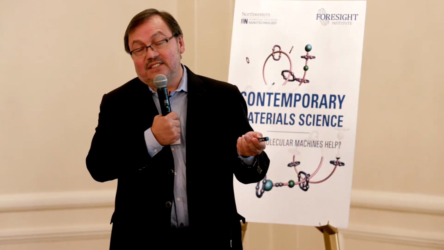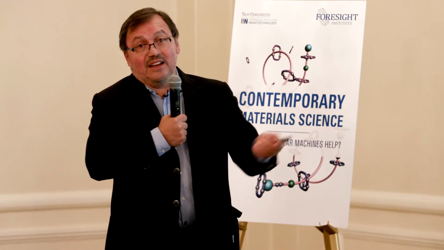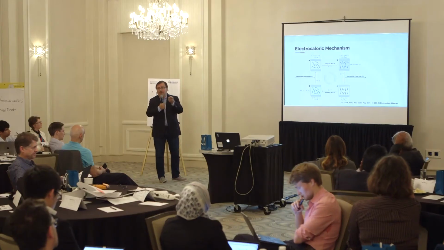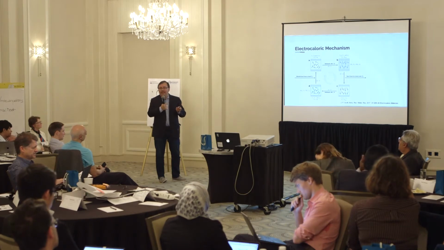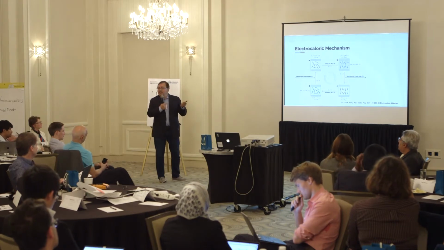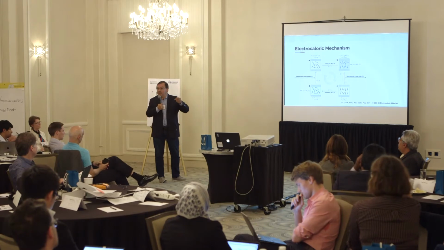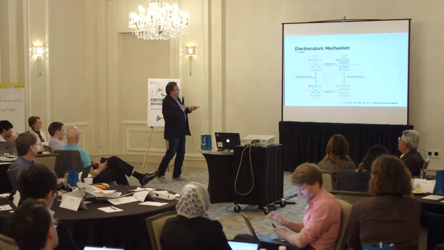If you do that adiabatically, that's done at the expense of the heat of the system. So this is probably the one thing that we were all aware of. This is used with magnetic cooling when you want to cool to sub-Kelvin temperatures, right? When you want to go below 4 Kelvin, this is one of the main mechanisms.